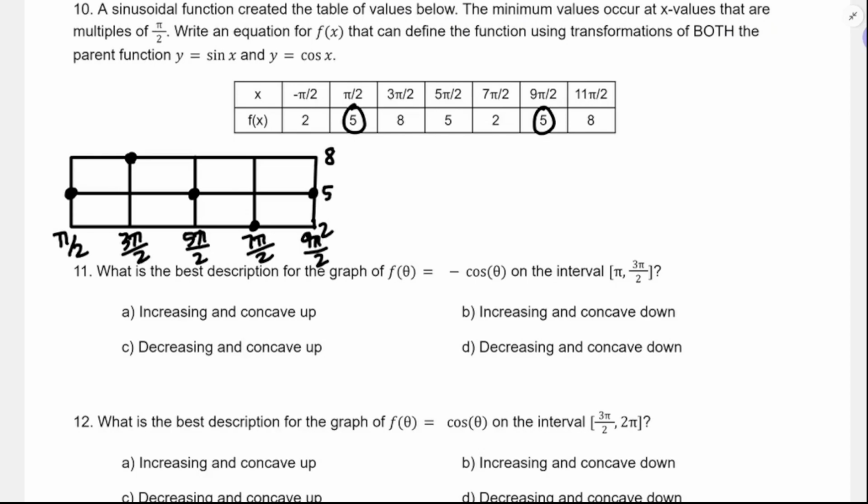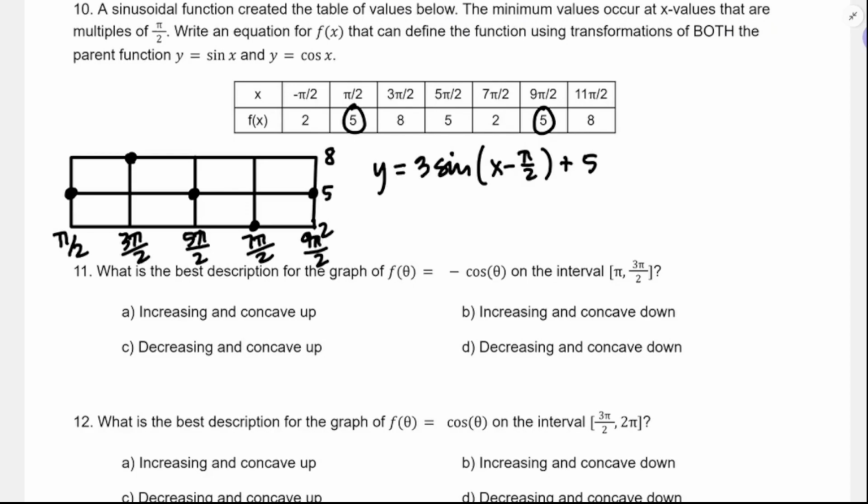All right, so I've got the graph. For sine, y equals amplitude 3 times the sine of, period is 2 pi so b equals 1, sine of x minus pi over 2 plus 5, the midline.